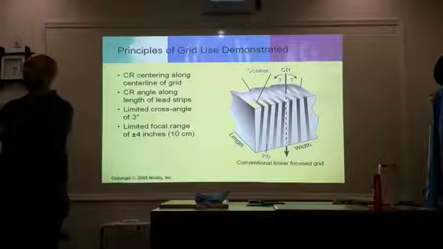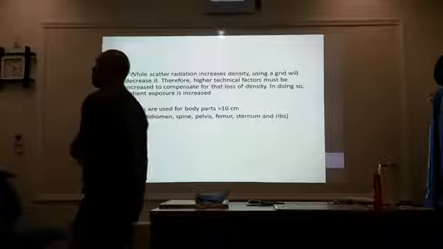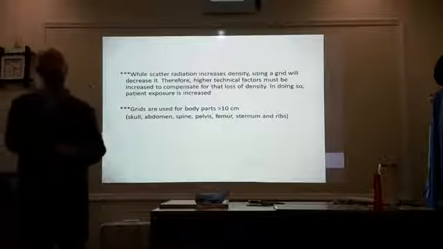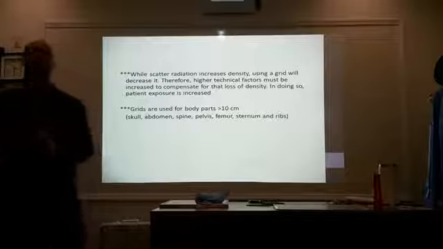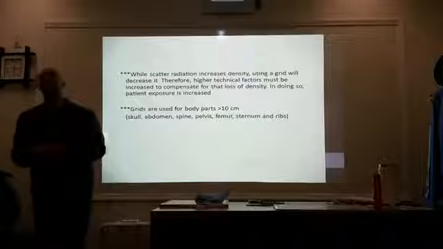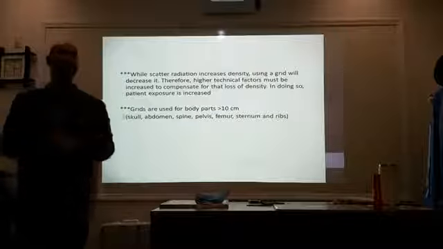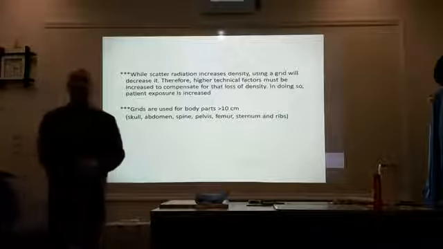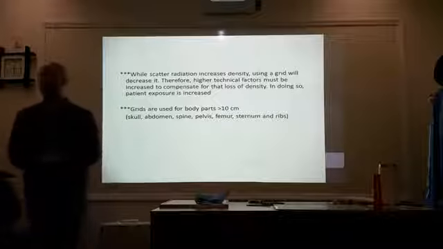All right? So while scatter radiation increases density, using a grid will decrease it. Because remember, what is the percentage of density that is produced by scatter radiation? 50 to 90%. So if I'm employing a grid and it's absorbing that scatter radiation, what's going to happen to our overall density? It's going to go down, making the image extremely light.